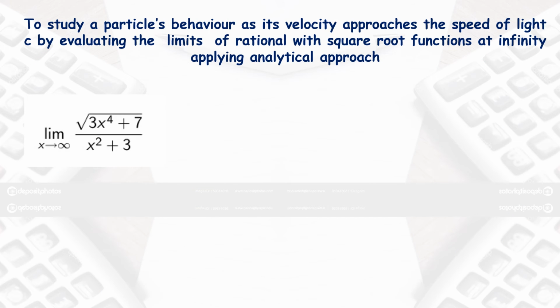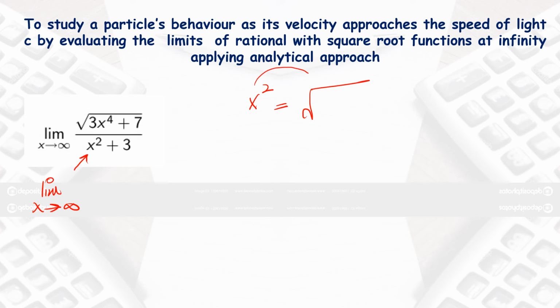Now let's see here. Again you will see only the denominator and you will divide everything with the highest degree of the denominator's variable. Highest degree in the denominator is x square without the square root. But in the numerator, there is a square root.